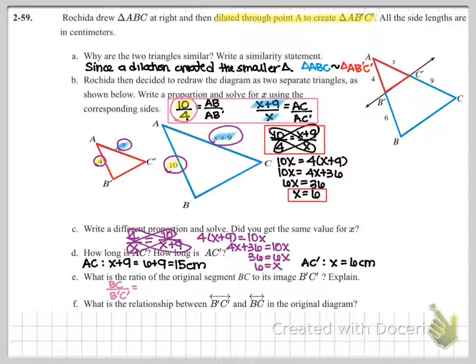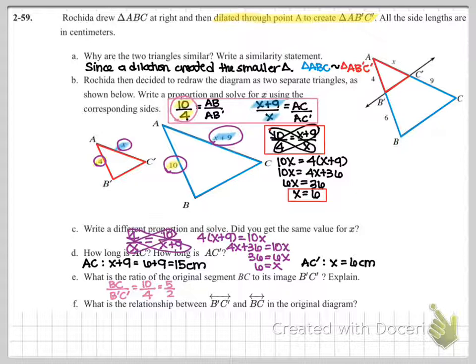We know that BC comes from the original shape, so that would be the 10, the larger measurement, and then B prime C prime would be 4. Again, you can simplify this to 5 halves. The reason why I know that is because the ratio on the other side lengths was 10 over 4, and if this is truly similar, which it is because of the dilation, the ratios have to be the same.